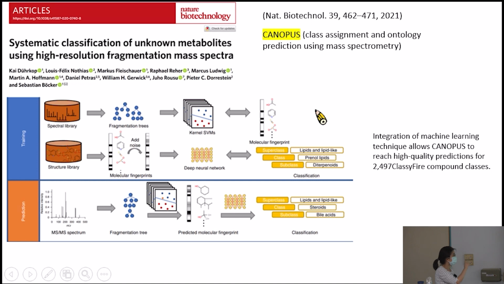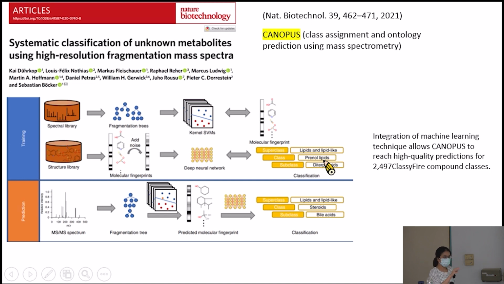The second machine learning model in the CANOPUS system takes the fingerprint as an input to a deep learning network, and then uses the fingerprint information to calculate the compound classification. Okay, so CANOPUS integrates these two machine learning tools for compound prediction.